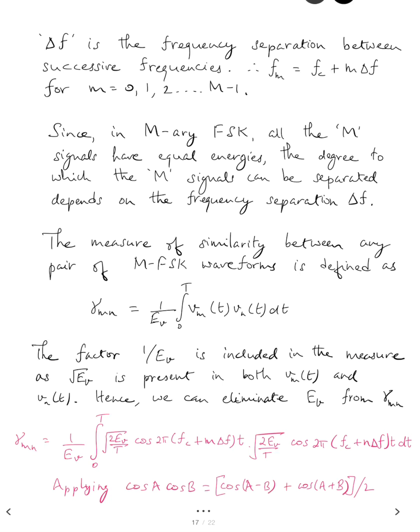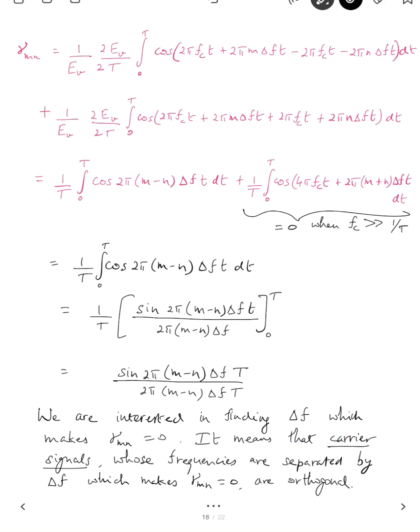So we want to choose this delta f in such a way that this entire term becomes 0. And how to find it? We can calculate or plot this whole thing as a function of delta f, and find out at which values of delta f this whole thing becomes 0.